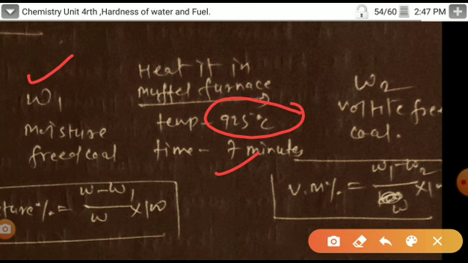The time limit when you put the moisture free coal sample into the muffle furnace at 925 degrees centigrade is 7 minutes.